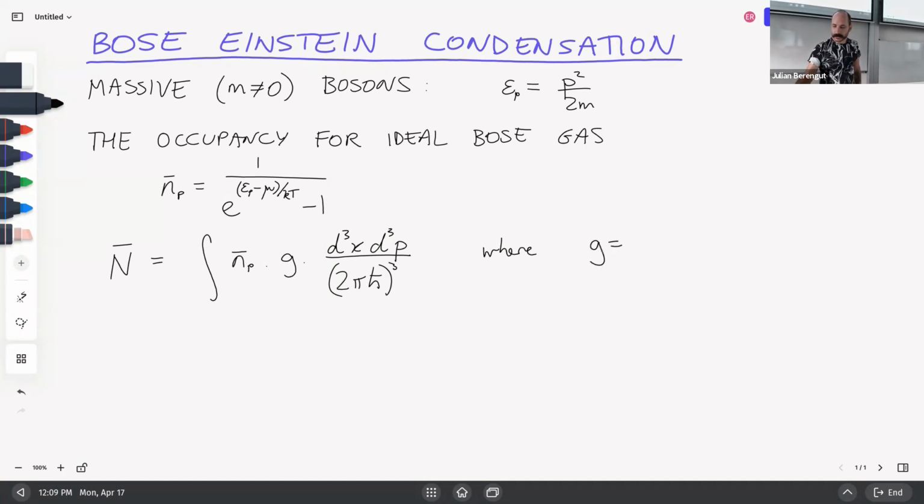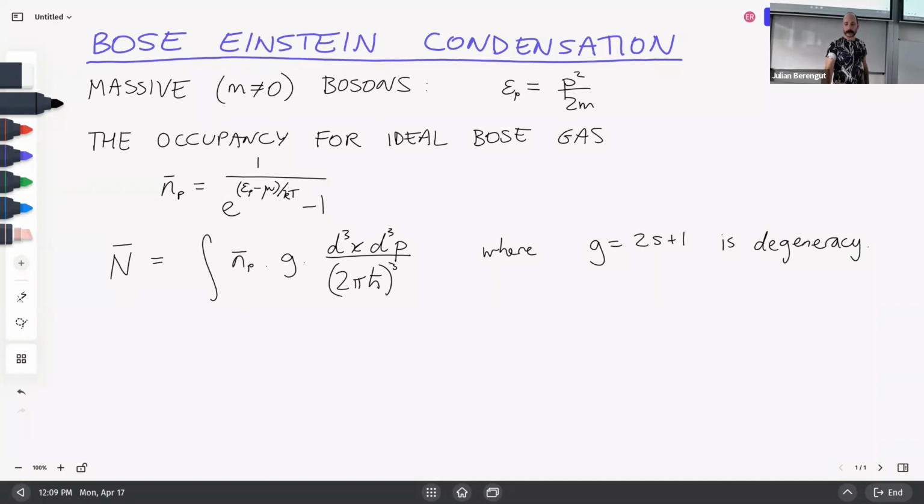Here g is 2 times the spin plus 1, the degeneracy. So if we have a spin 0 particle, then g equals 1. If we have spin equals 1/2, like fermions, then g is equal to 2. If we have spin equals 1, then g equals 3, and so on.